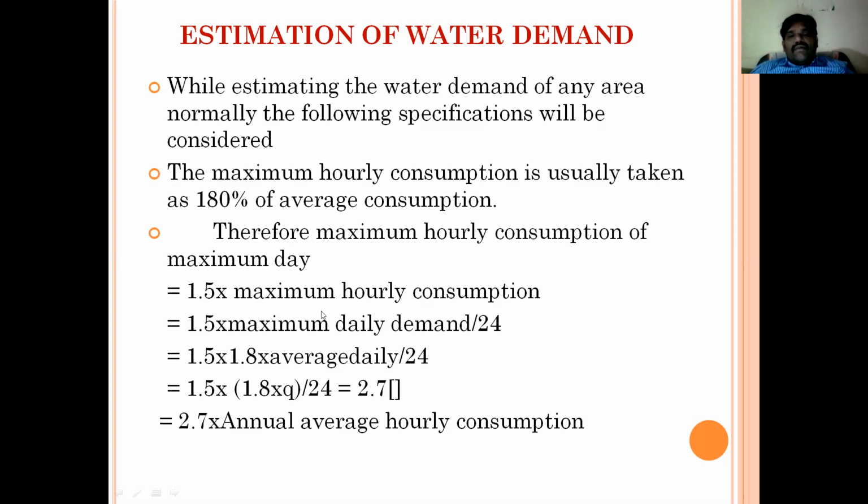So 1.5 into 1.8 into Q by 24. This is the empirical formula where we get the answer 2.7 to estimate the water demand, simply by adopting 2.7 into annual average hourly consumption, which gives the water demand of that particular area at that particular point of time.